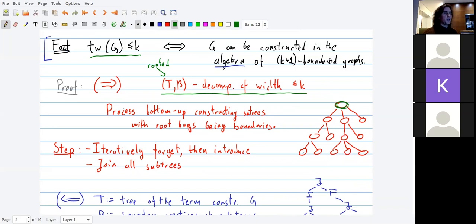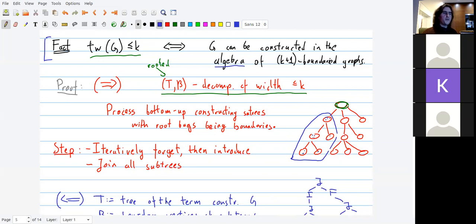And then I will proceed bottom up in this rooted tree by constructing subgraphs that correspond to larger and larger subtrees. So whenever I have processed this subtree, I should construct a subgraph consisting of all the vertices that participate in those bags, so all the vertices that are somewhere here.